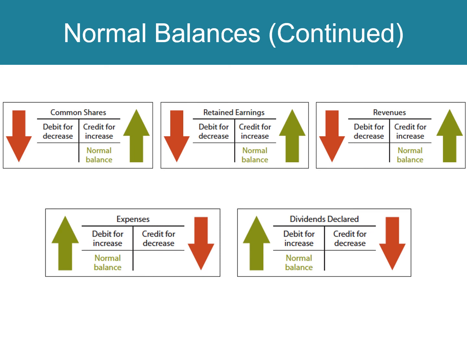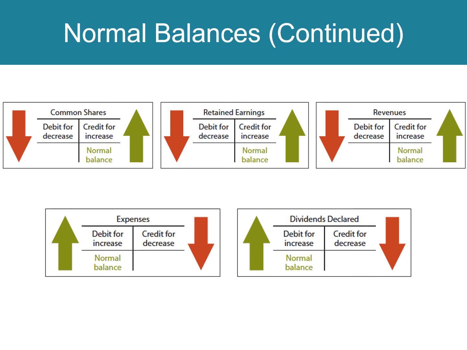For increases in shareholders' equity, common shares and retained earnings both increase shareholders' equity. Consequently, the common shares within retained earnings and revenue accounts are increased by credits and decreased by debits. The normal balance in these accounts is a credit balance.